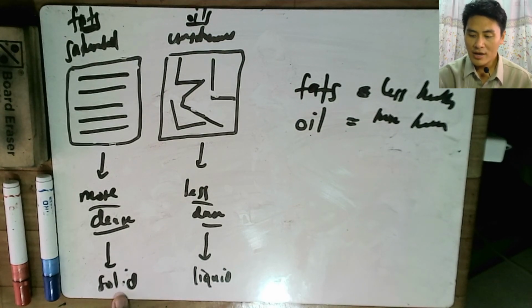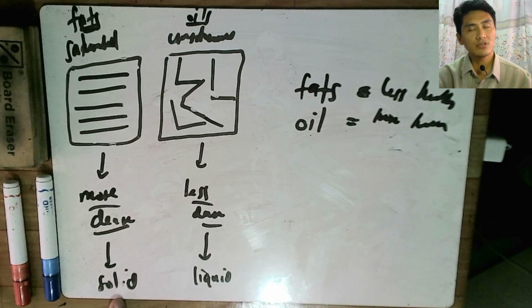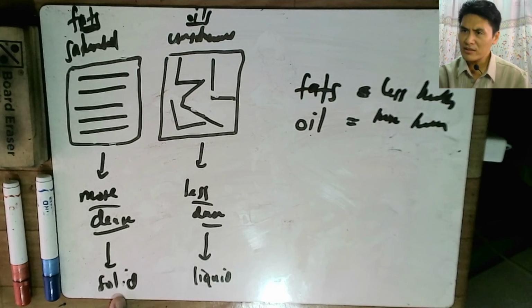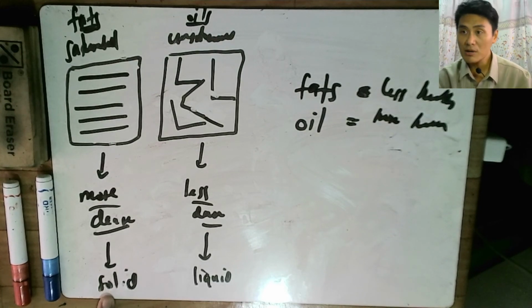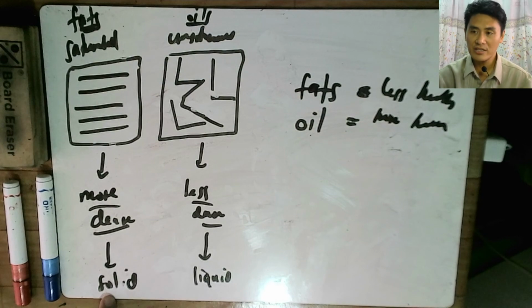And solid means bad in one sense because it can clog up your arteries, but also better in another sense because it has stable bonds, right? Which means less unforeseen reactions.